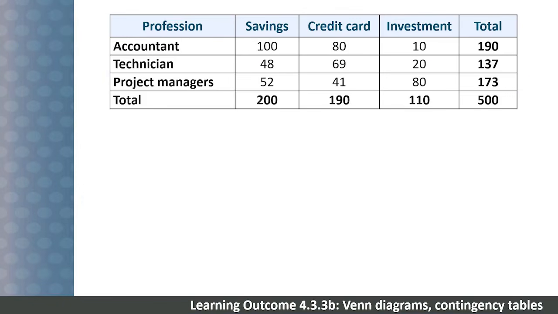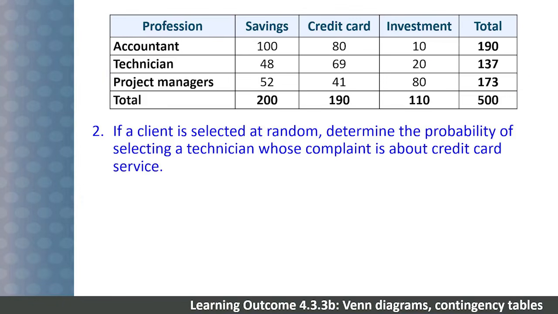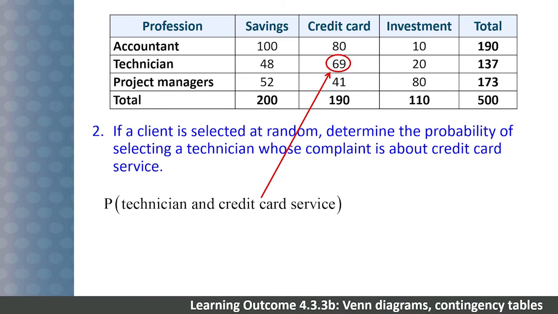Question 2. If a client is selected at random, determine the probability of selecting a technician whose complaint is about credit card service. We are looking at someone who is a technician and is making a complaint about credit card service, so we are interested in this cell of the table.